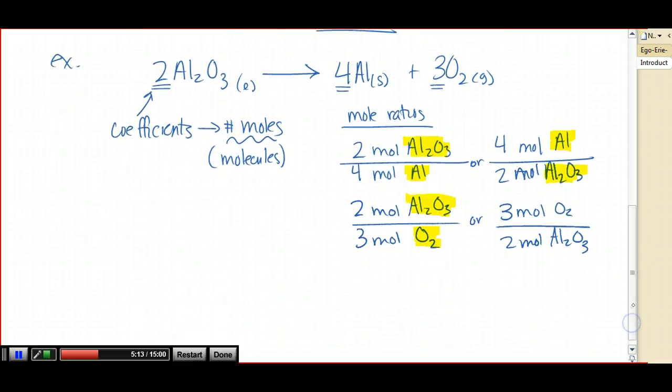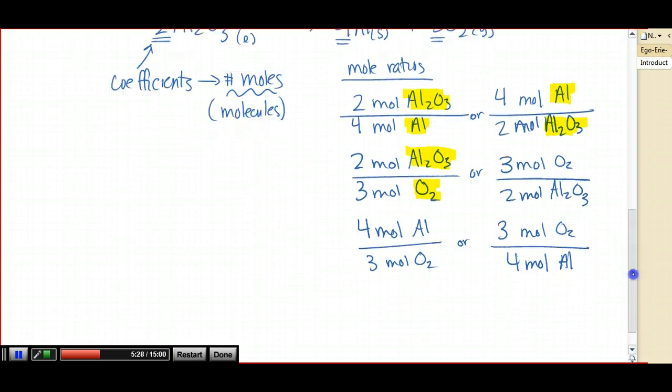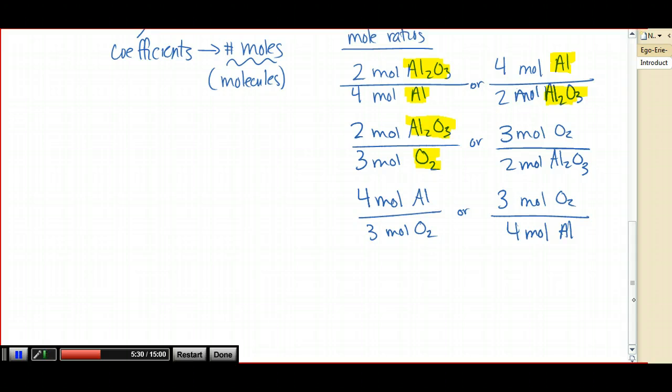The last mole ratio that we have here is that there are 4 moles aluminum to 3 moles oxygen gas, or we can write that the other way. All of these conversion factors will allow us to do calculations called stoichiometry.